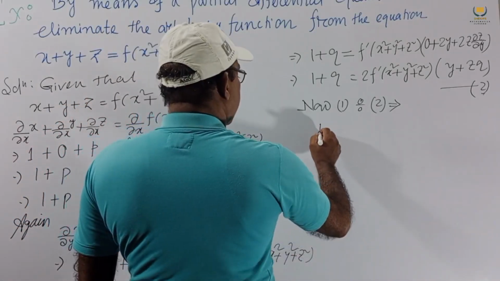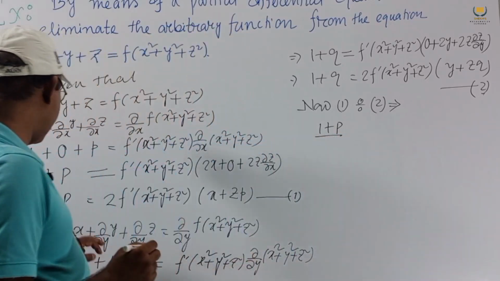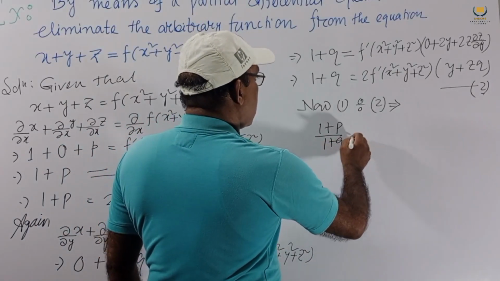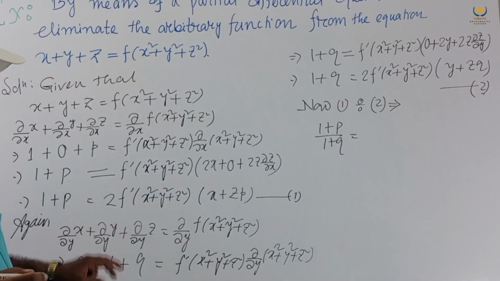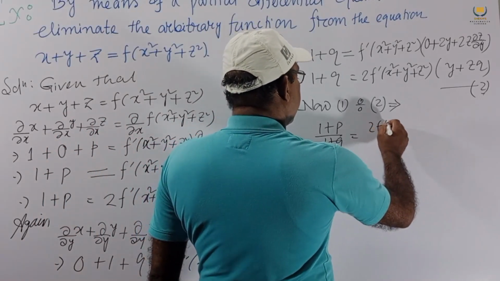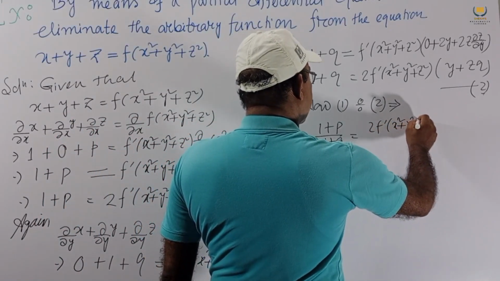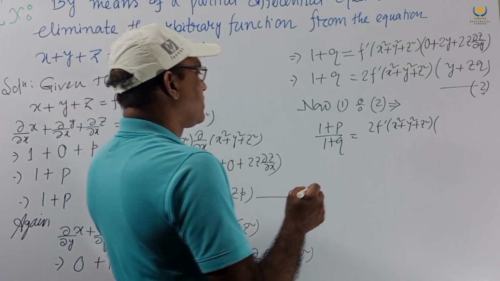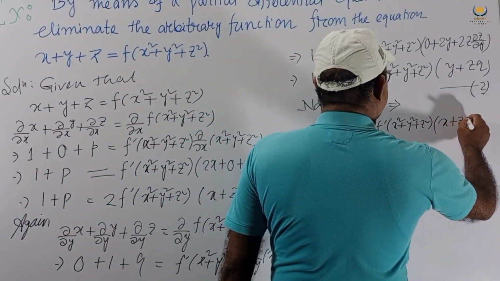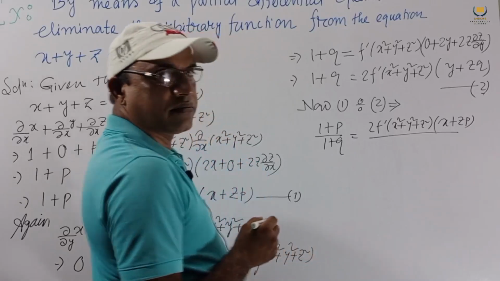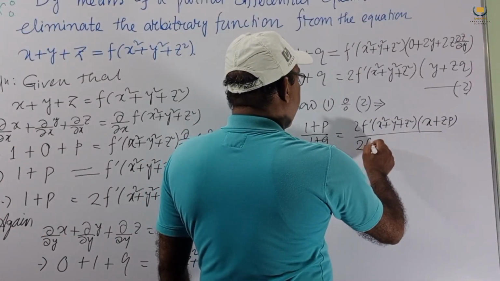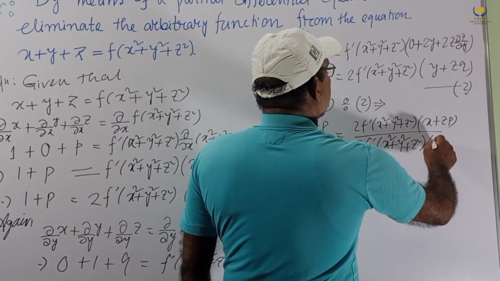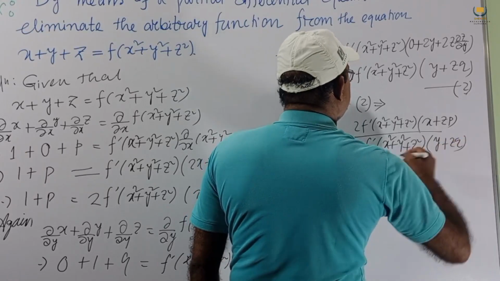So on the left hand side of 1 plus p, and this is 1 plus q, and on the right hand side of 1, this is 2 f dash (x square plus y square plus z square) into (x plus zp), divided by 2 f dash (x square plus y square plus z square) into (y plus zq).